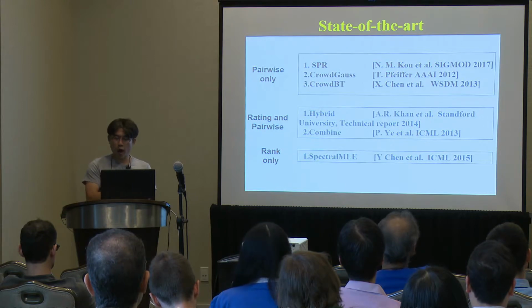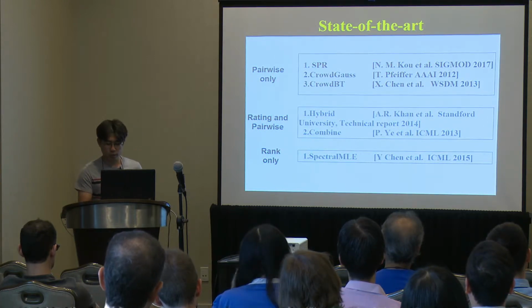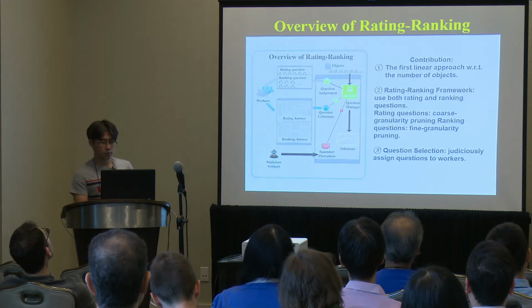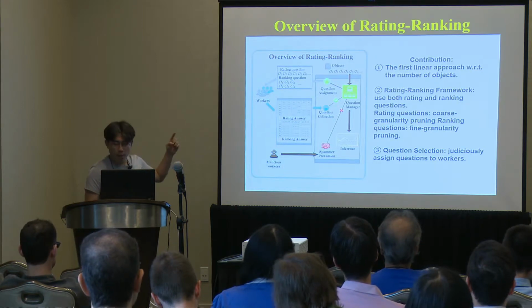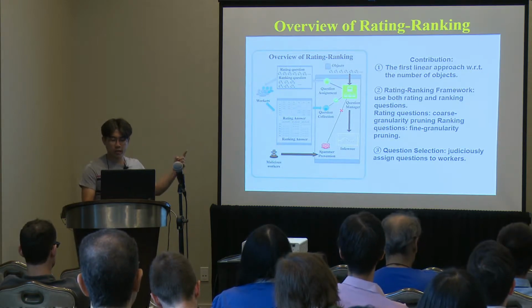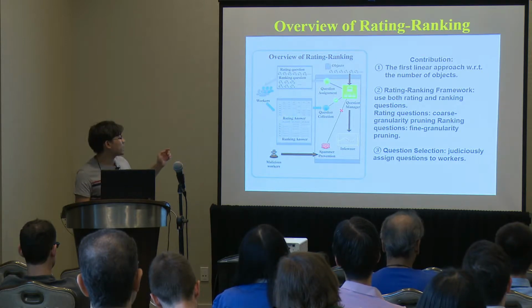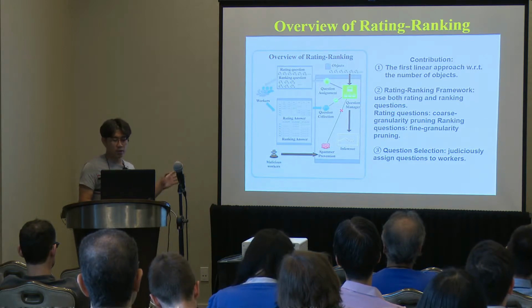Our model is the first to use a linear combination of rating and ranking tasks. In our work, the question assignment model publishes both rating and ranking questions to workers, and the question collection model collects answers from the crowdsourcing platform, and the manager uses machine learning methods to infer the top-k results.